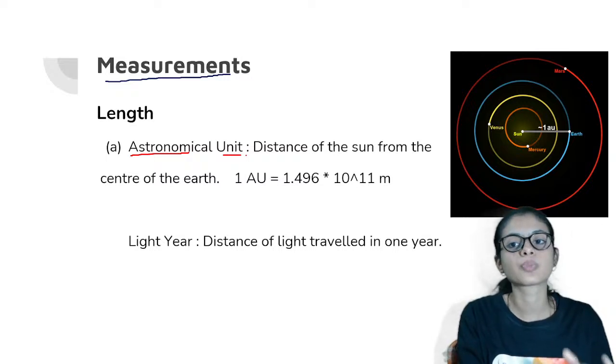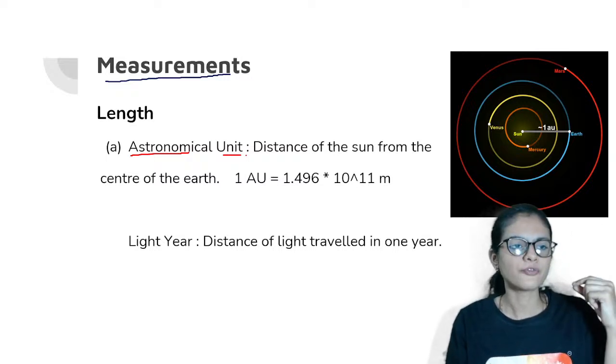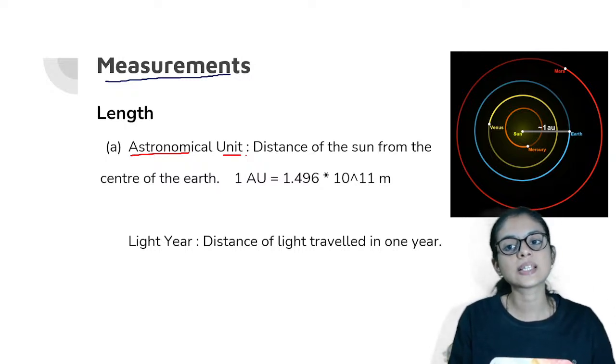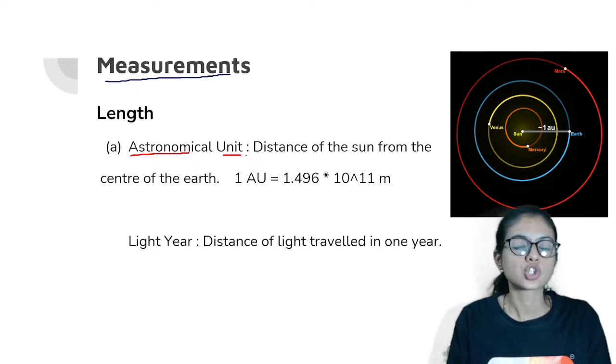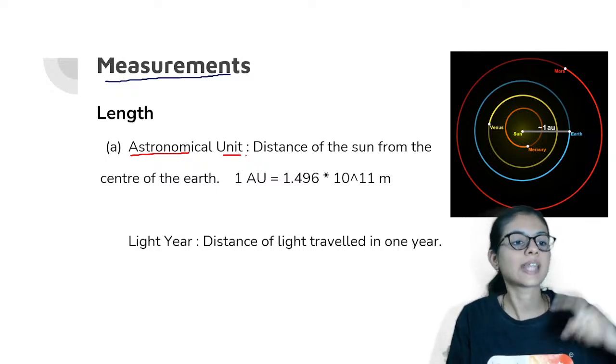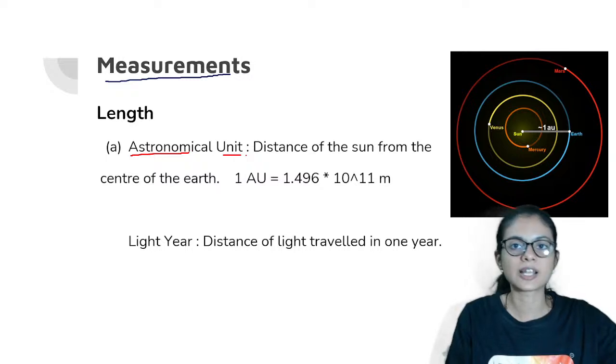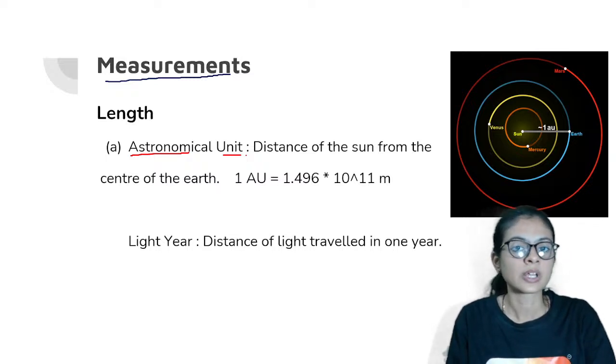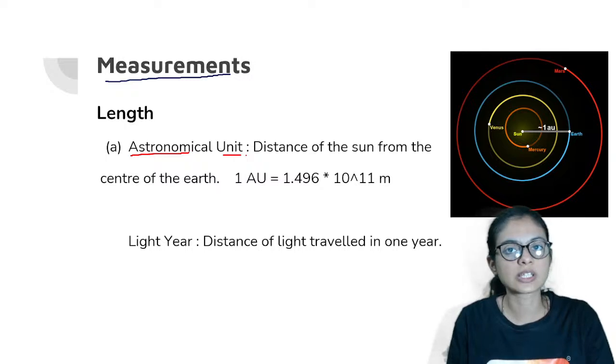Because consider a planet which is outside the solar system in the Milky Way galaxy. The distance between the sun and earth is this much. So what will be the distance between that planet outside the solar system and our earth? More complex calculation, 1.49 into this many times.